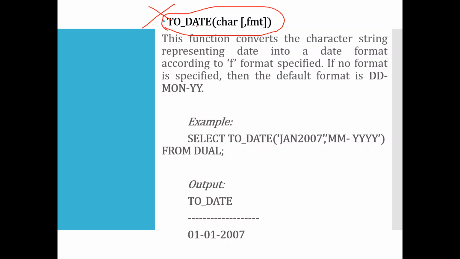Again I am repeating, to insert a date, you are using varchar2 data type, and then if you want to convert it to date data type, then this function is used. But nowadays we are not using this because we have date data type itself available in Oracle. So this function we are not going to use.